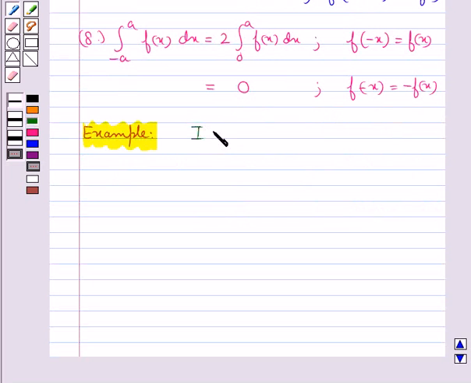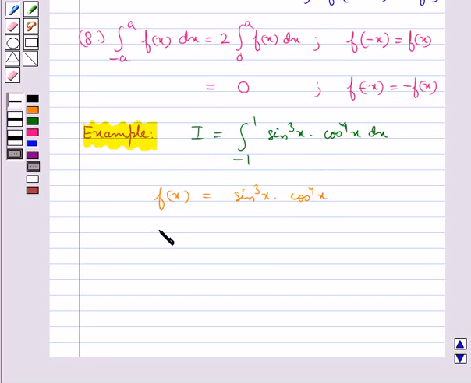Consider I equal to integral from minus 1 to 1 of sine cube x cos 4x dx. Now we have to evaluate this integral using the above properties. Here the function f(x) is equal to sine cube x into cos 4x.